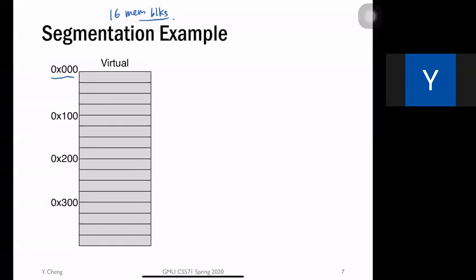Okay, and this 0x400 memory capacity is further partitioned into 4 coarse-grained memory segments, and the starting address of each memory segment is labeled over here: 0, 0x100, 0x200, as well as 0x300.